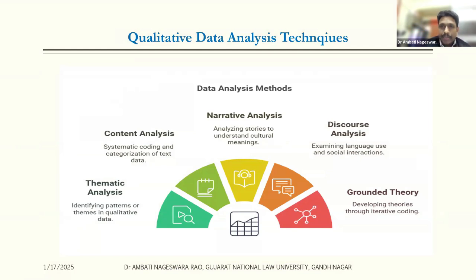As I mentioned, irrespective of the type of method that we have, if you look at the process of data analysis and report writing, it is more or less the same. We have different terminologies, different ways of doing it, but the whole context, the whole way of doing it, you'll feel is more or less the same.